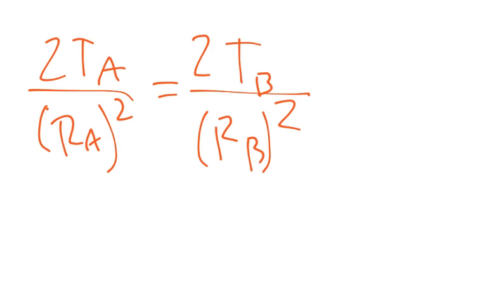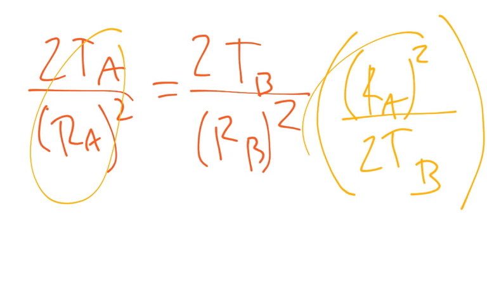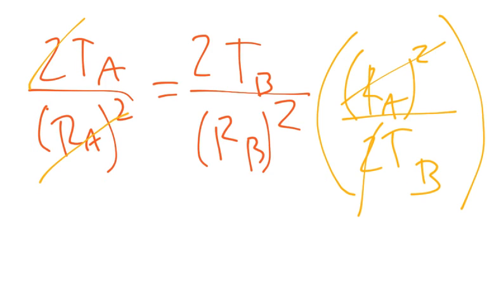I would multiply both sides by a fraction in order to cancel things out and move the variables to one side and the other. I want the T's on one side, so I would divide both sides by 2TB, and I would multiply both sides by RA squared, and you'll see what happens very soon. On the left-hand side, the 2's will cancel out, and the RA squareds will cancel out, leaving TA over TB.